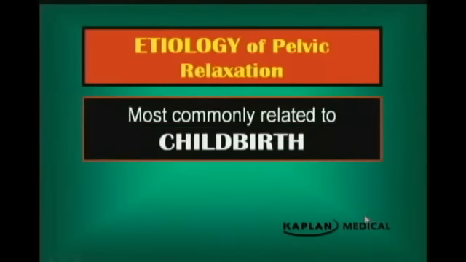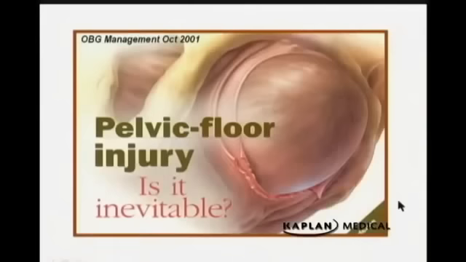There is general agreement that it is probably most commonly related to childbirth. Now, that isn't to say that there are not genetic factors which may very well be participating, but when you look at the childbirth and the trauma of distension and the mechanical trauma, it's easy to see why you could have injury.